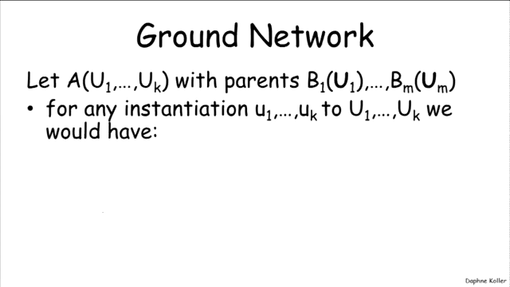So specifically, if we have this variable A of u1 up to uk, then for any instantiation little u1 up to uk, which are concrete instantiations of the indices, we would have the variable A of little u1 up to little uk depending on the specific parents. This is potentially confusing notation because the sets are a little bit hard to understand, but just think concretely of the example.